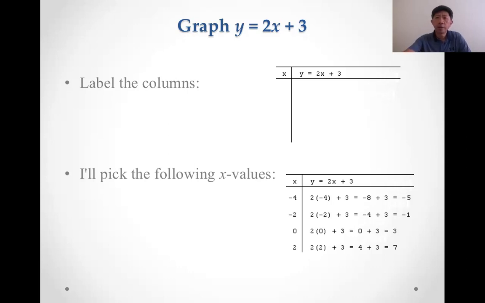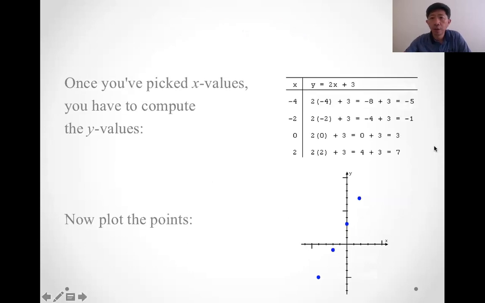Once we have the coordinates for x and y, we can plot the points on graphing paper. If x is 0, y is 3, right here, (0, 3).